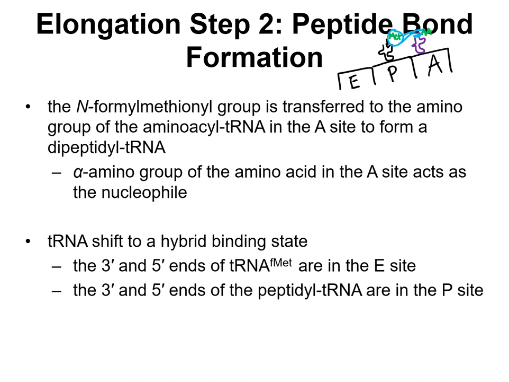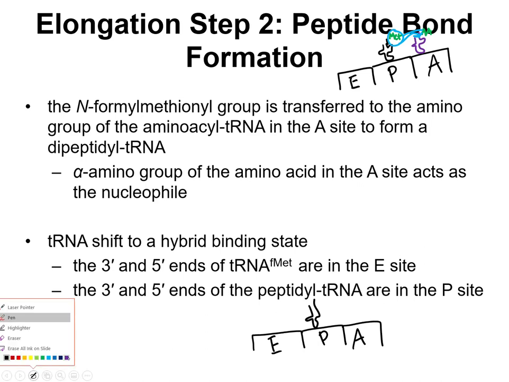So what you're left with, and I'll draw it down here, is an empty tRNA in the P site, and then a tRNA in the A site that now has the starting methionine attached to the next amino acid via a peptide bond.